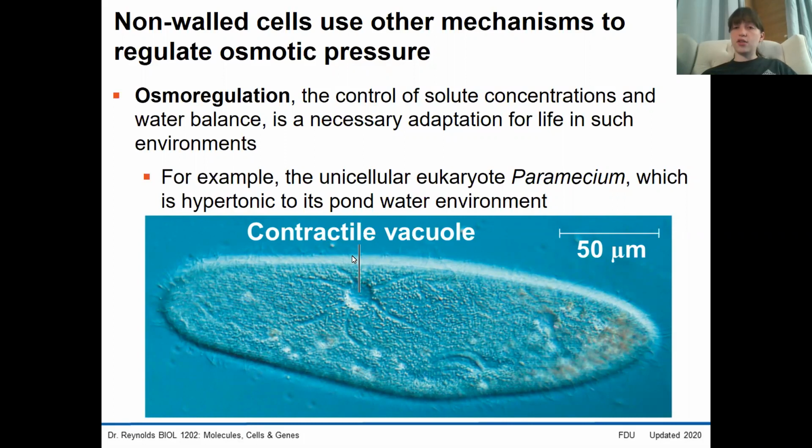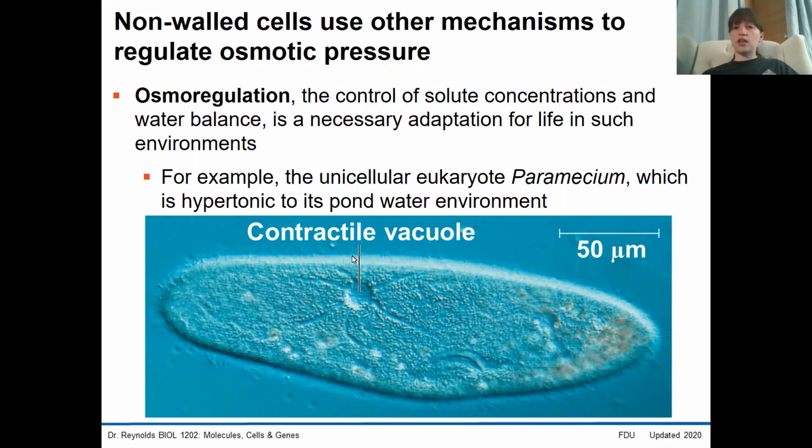All right, so before we start, let's look at one example of how non-walled cells, like this paramecium, can control osmotic pressure. Well, paramecium have a special organelle known as a contractile vacuole. It's a specialized vacuole that can push water out of the cell.